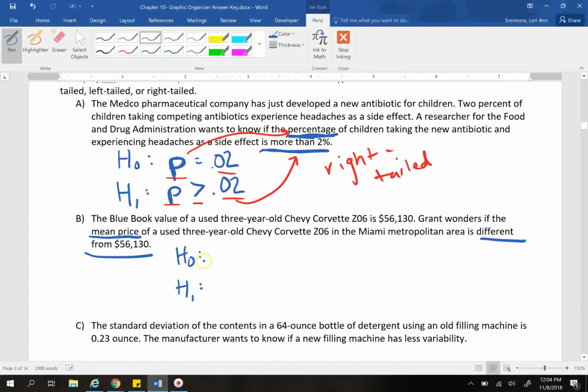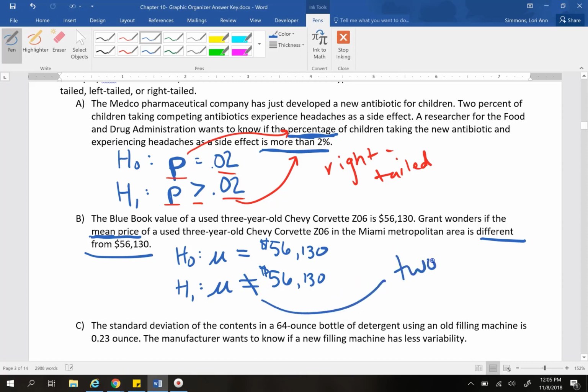So our parameter we're working with now is the mean. So we're going to write mu. This is always equals. Different from means not equal to. And what number are we working with? 56,130. Because of this not equal to, this is a two-tailed.